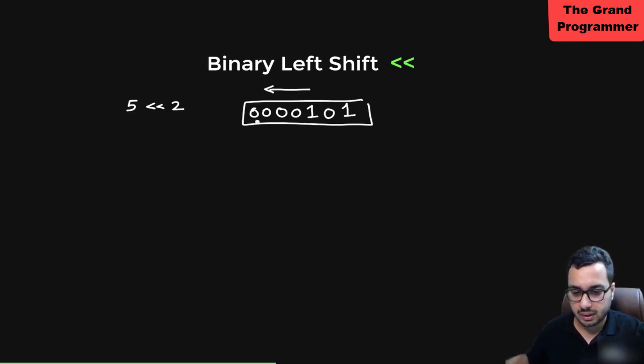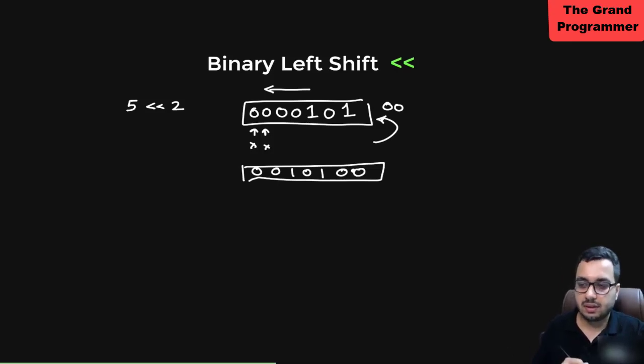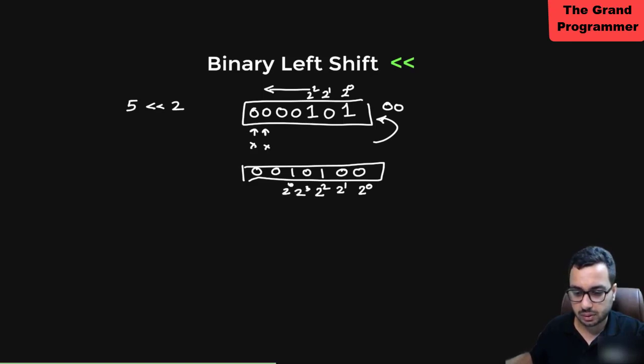So what will happen? These two bits will fall off, and you will have something like 0 0 1 0 1, and from here you will add two zeros. Now if you try to understand the difference in this number, this was 2 raised to the power 0, 2 raised to the power 1, 2 raised to the power 2, and here it is 2 raised to the power 0, 1, 2, 3, and 4.